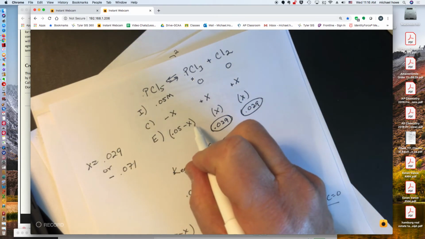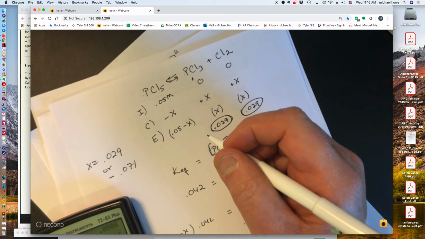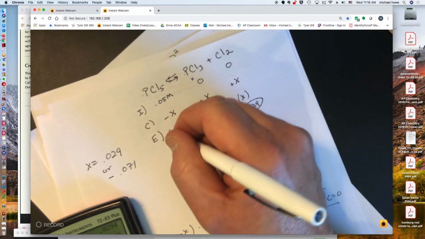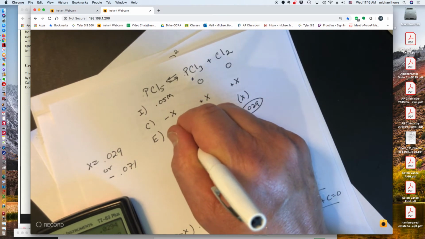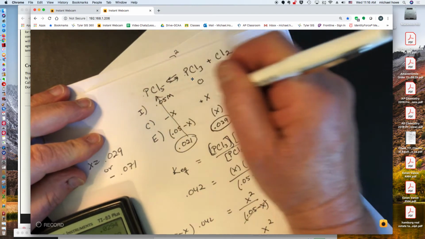Since x equals 0.029, 0.05 minus 0.029 is 0.021. And that is the equilibrium concentration of PCl5. So that's your final answer to the question.